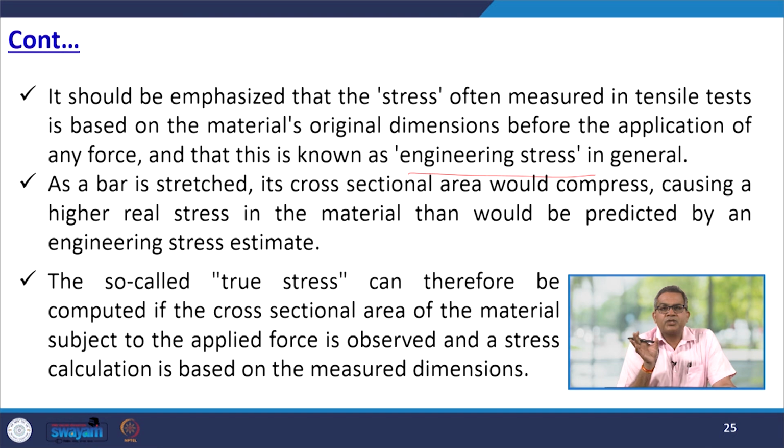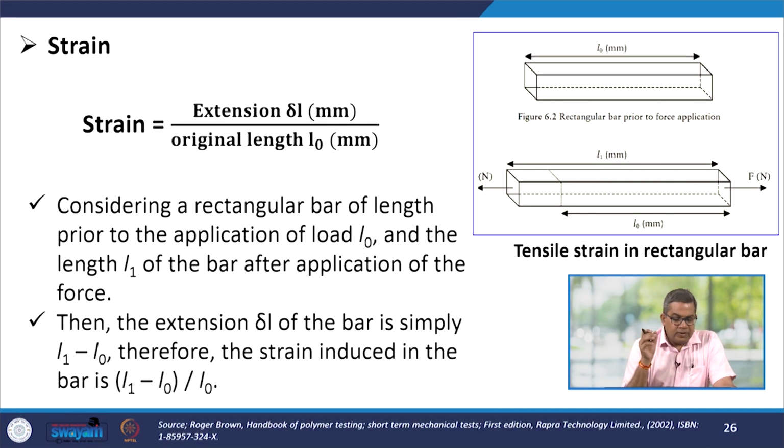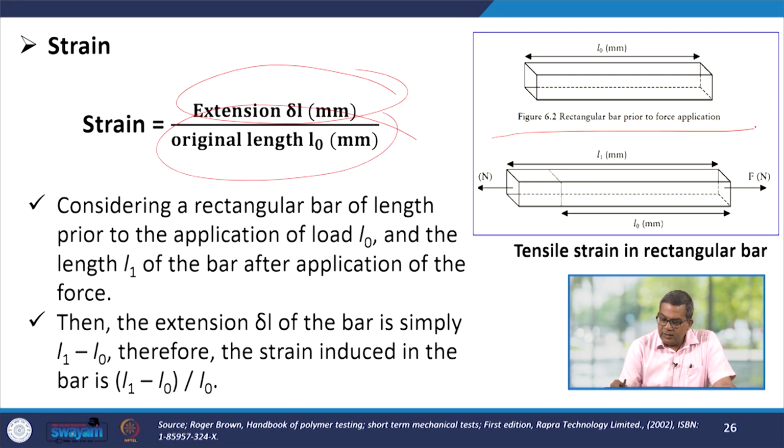Now, here you see the strain, which is the extension over the original length. This is prior to the force application, and if you apply the force then it is stretched. So, this is the rectangular bar of length L naught prior to the application of a load, and the length L1 of the bar after the application of the force.